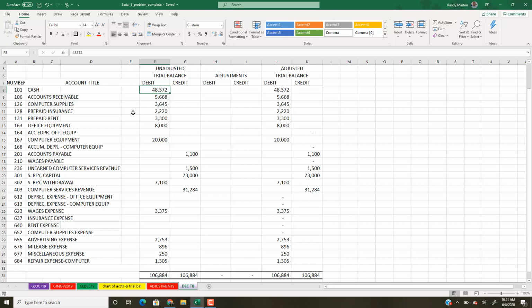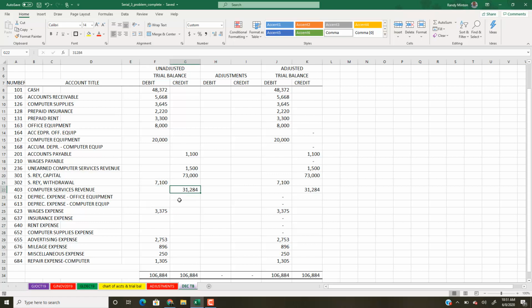And this is the way that it would work in the real world. We would go ahead and put this trial balance together before we actually make any adjusting entries. And so now we have, you can see, 7,100 instead of 5,600 for withdrawals. And the same thing would be true for this service revenue here.